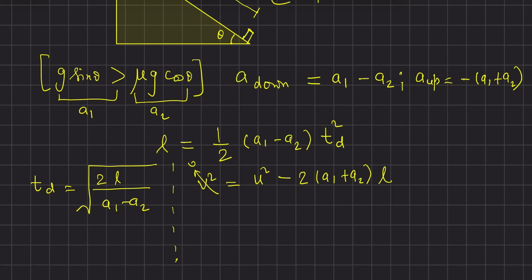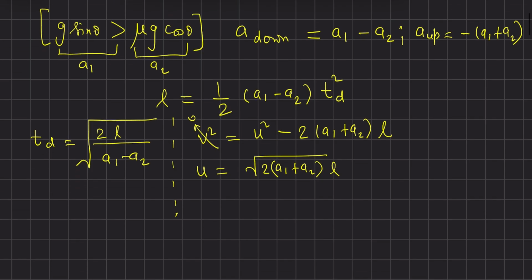So we can say that the u that we are going to have is nothing but the square root of 2 (a1 plus a2) into l. Now because we got u, we can find out the time very easily. We know that v is equal to u plus at, and because the final velocity is going to be 0, and u we have already known now, this will be t up. So t up is simply u divided by a.